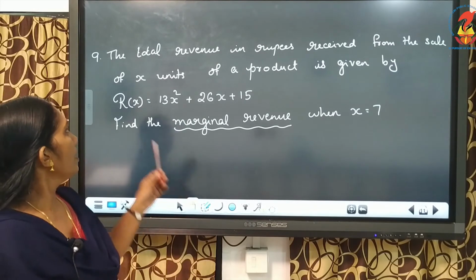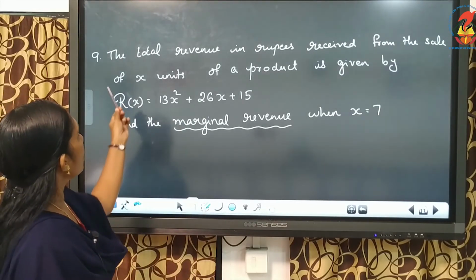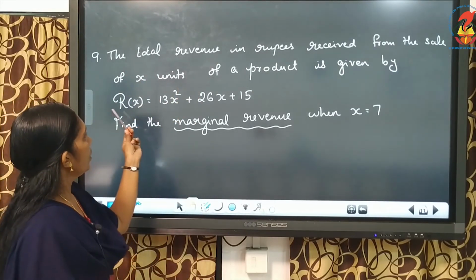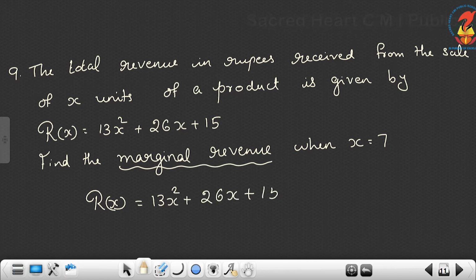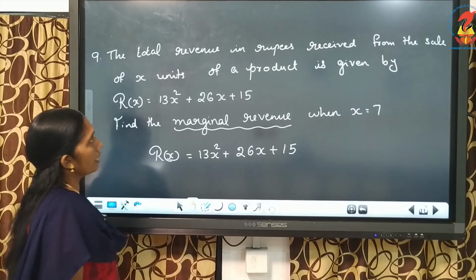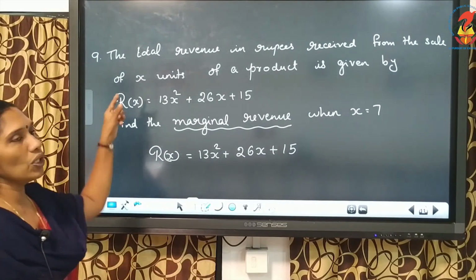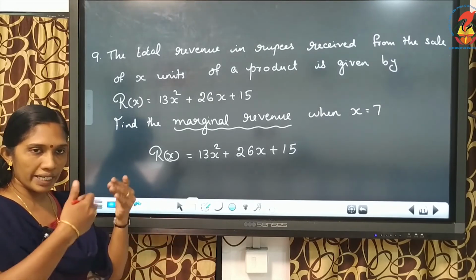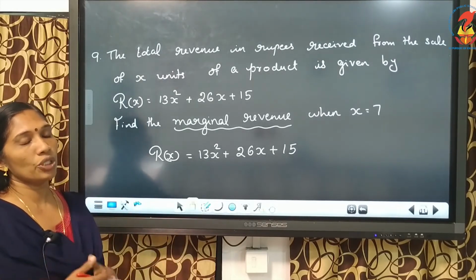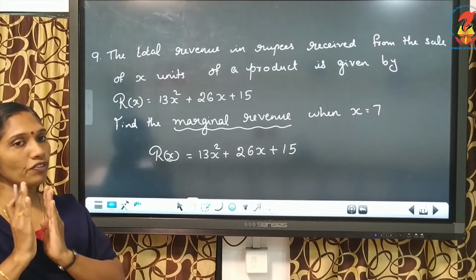So R of x is the total revenue received from the sale of x units. Then we have to find marginal revenue, the rate of change of total revenue with respect to the number of units sold.